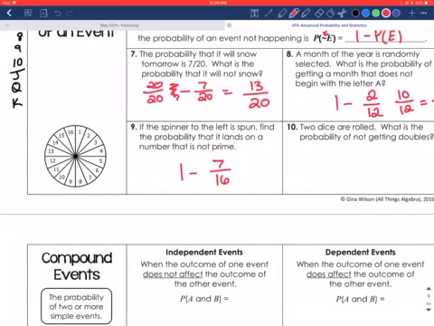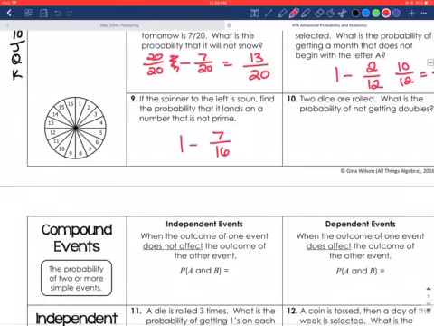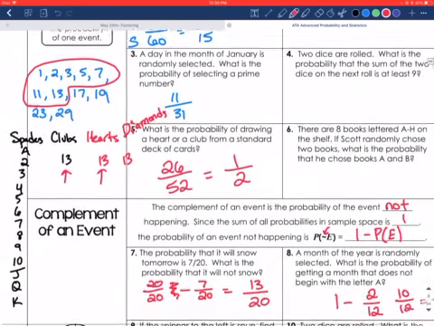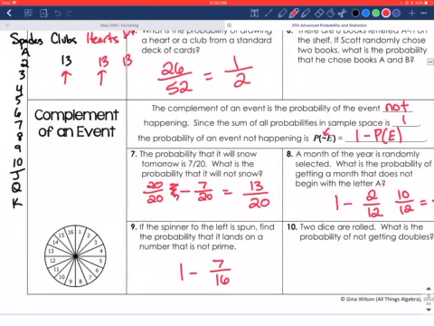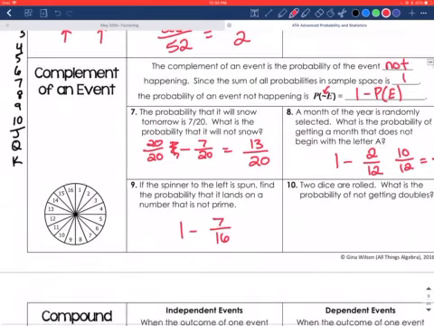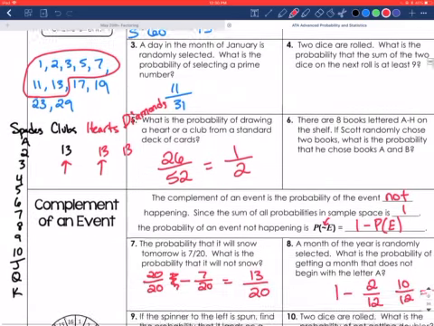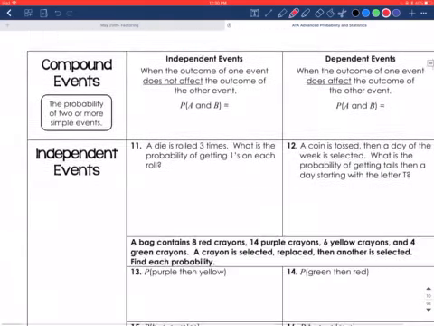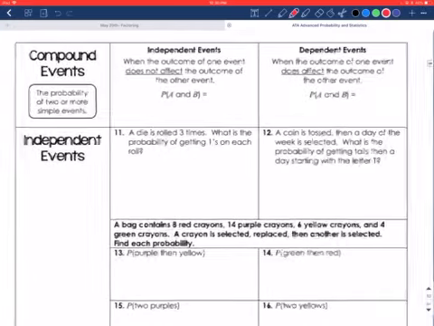So to find the ones that are not, we're going to subtract that from 1, and that would be, let's see here, is that right? 1, 2, 3. Yeah. So then we subtract that, and there will be 9 out of 16. Okay.